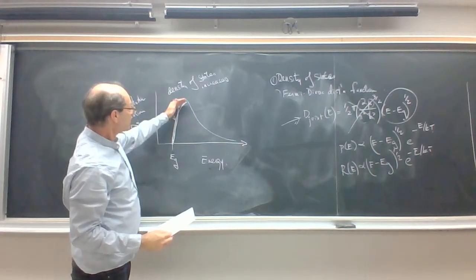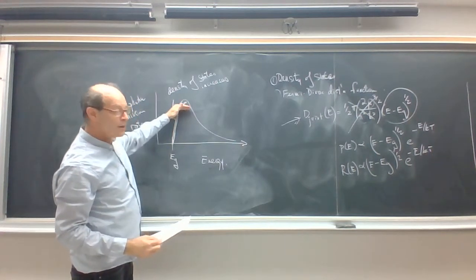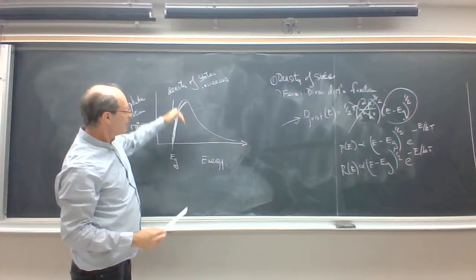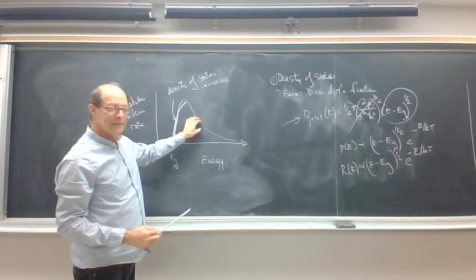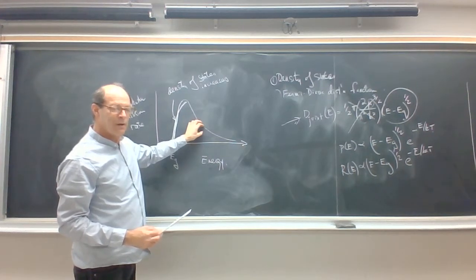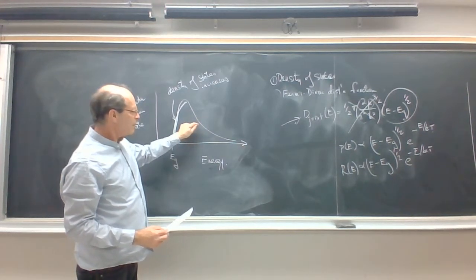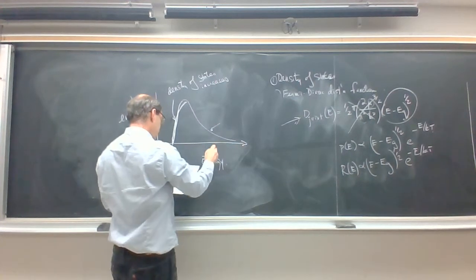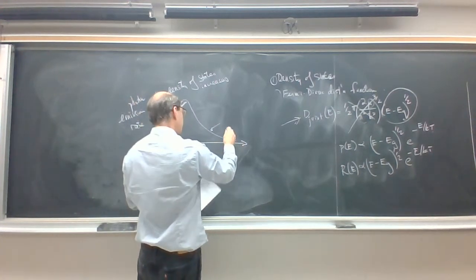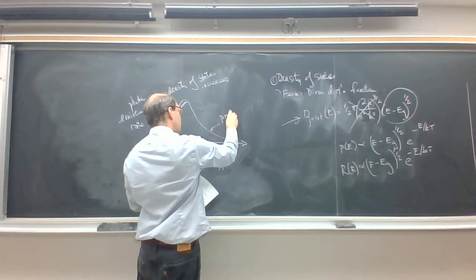But then as you go up to higher and higher states above the energy gap, the probability of an electron occupying the state and the probability of a hole in the valence band will decrease. And you get a curve here that really follows the probability of occupancy.